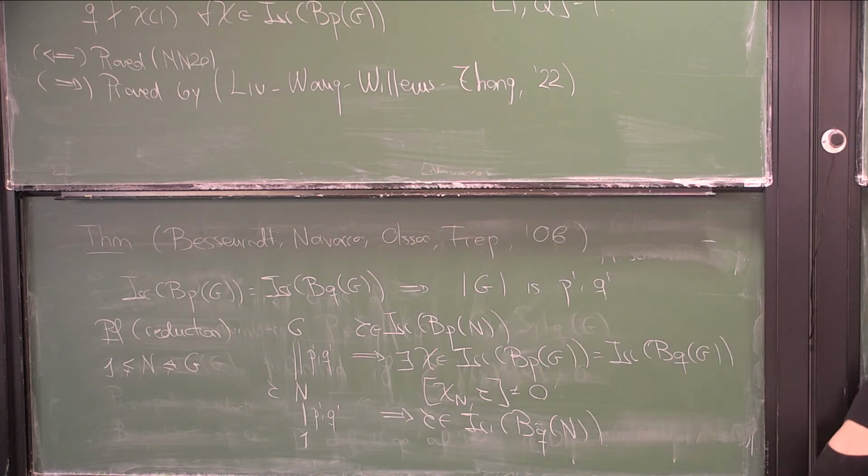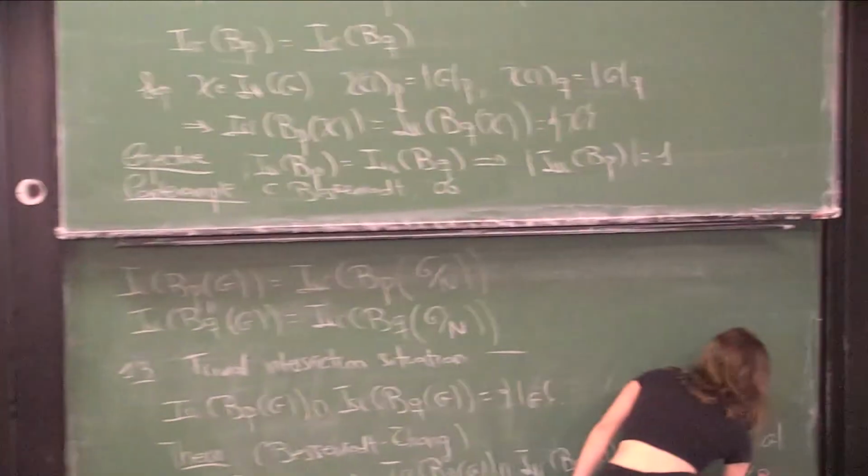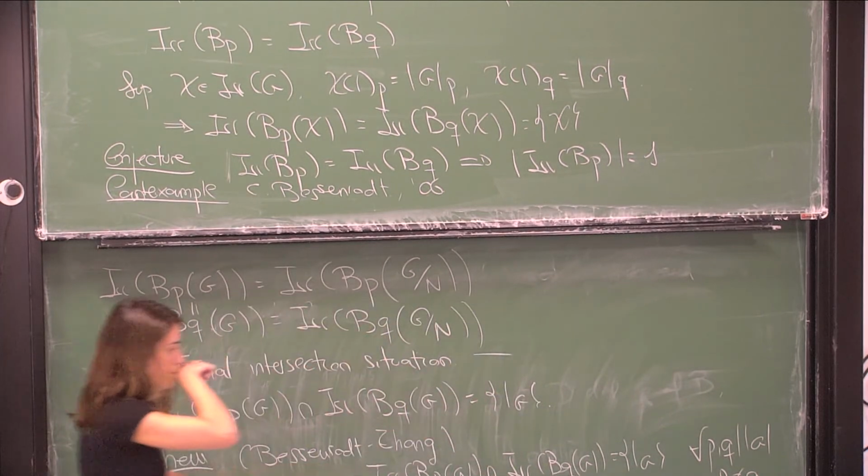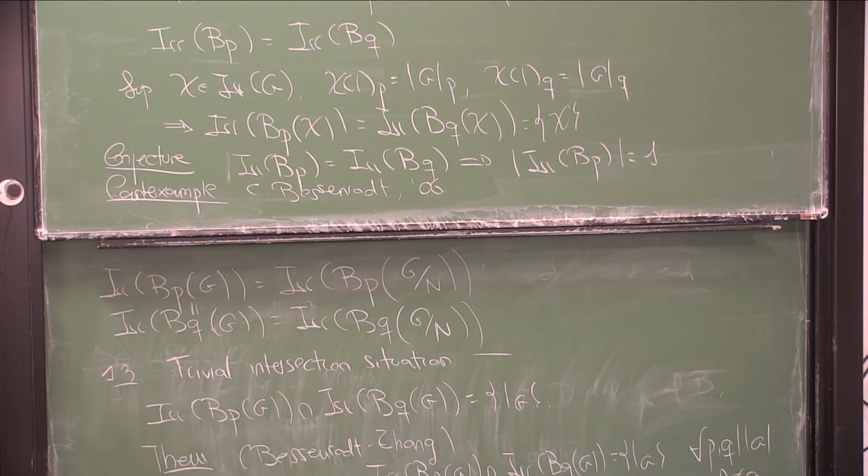What they proved is that a group is nilpotent if and only if there is trivial intersection for all the primes P and Q dividing the order of the group and different from each other. And actually they prove something stronger.